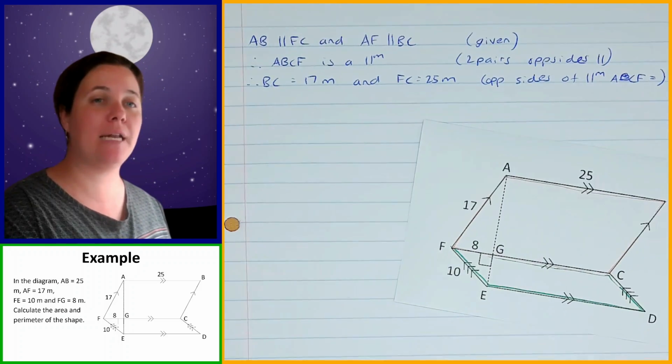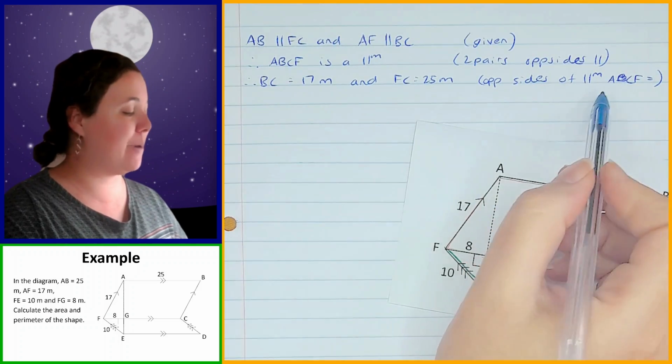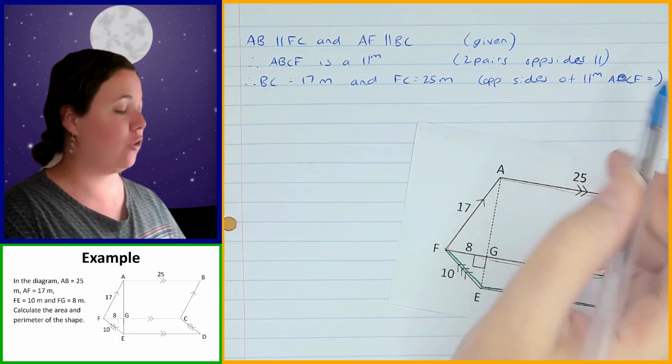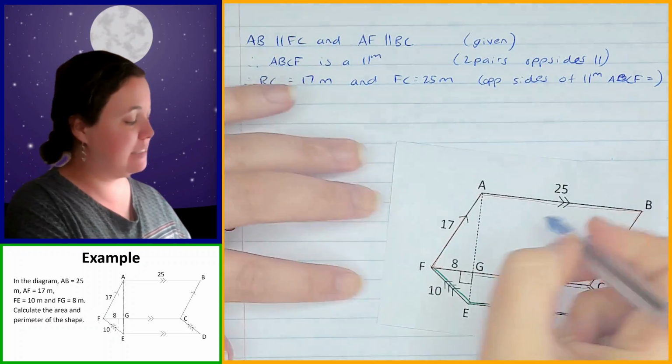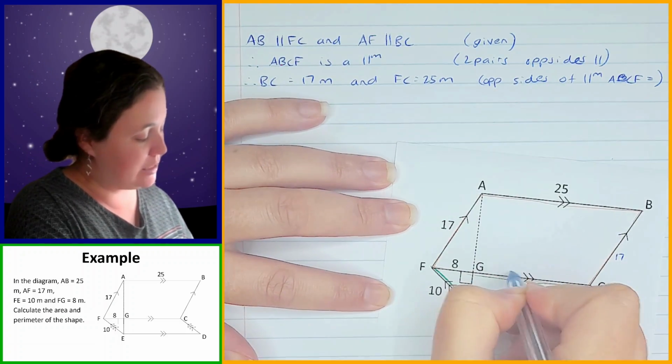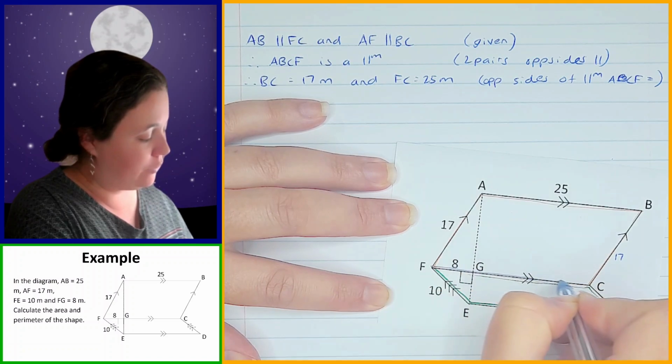Okay, and the reason I know that is because opposite sides of a parallelogram ABCF are equal to each other. Okay, so now I know this is 17 over here, and this is 25. That whole length over there is 25.